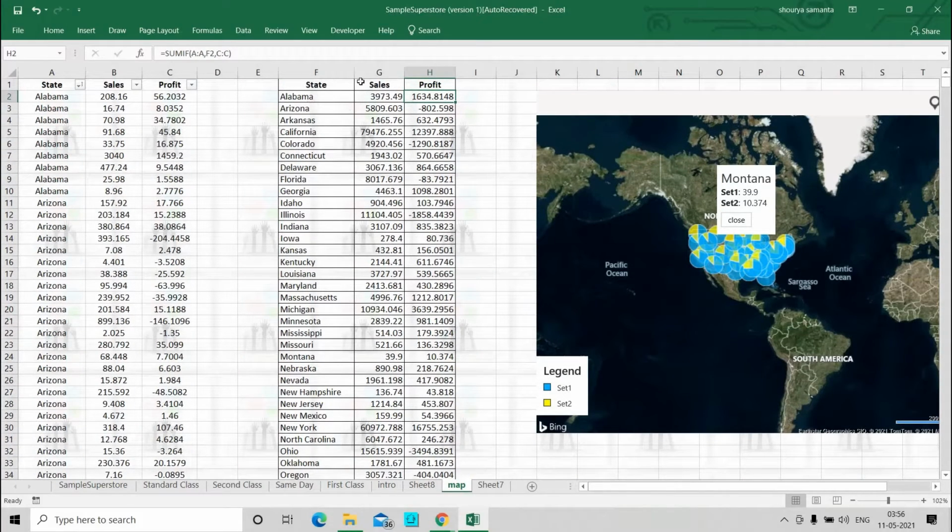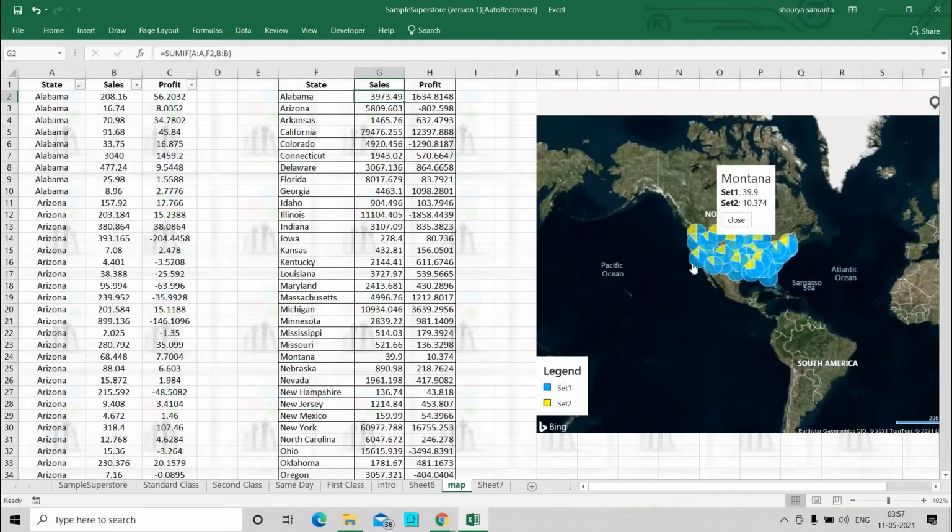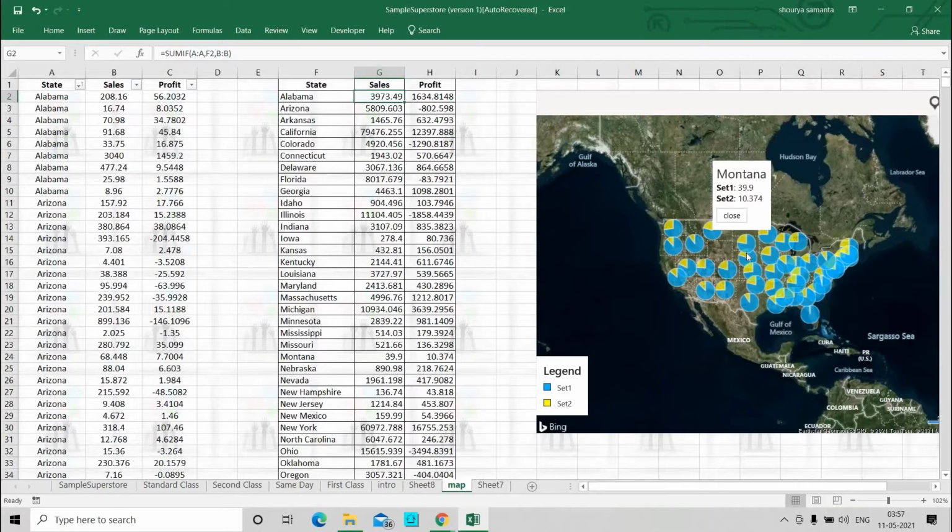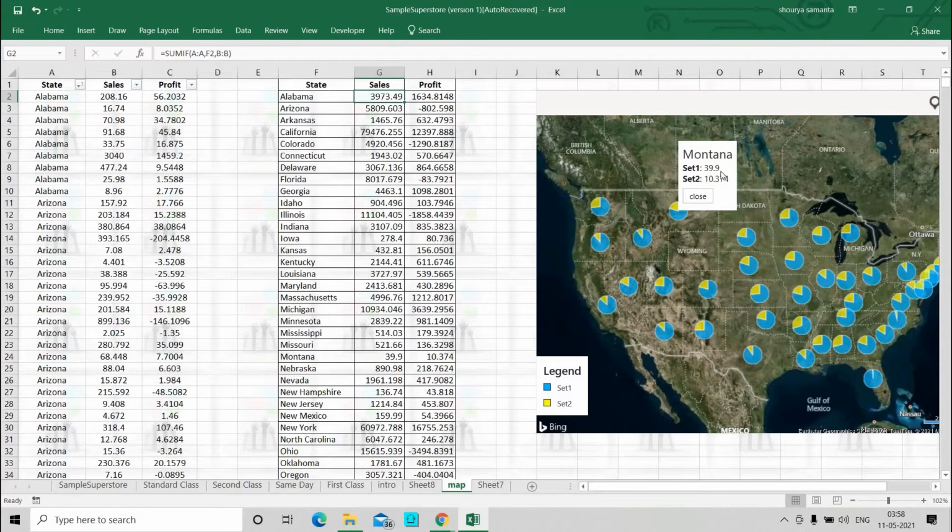Next, we have summed up total sales and total profits for these individual states using SUMIF and have plotted it on the map. Like for Montana, total sales is 39.9 and total profit is 10.3.